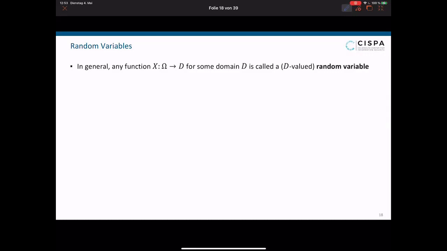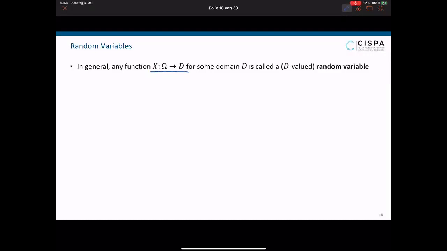This is the formal definition, I think, can be quite confusing. As a matter of fact, when I saw this definition for the first time, I was kind of confused. So this thing is called a random variable. And then the definition says a random variable is a function from the probability space into some other domain called D. That's the general definition of a random variable, right?